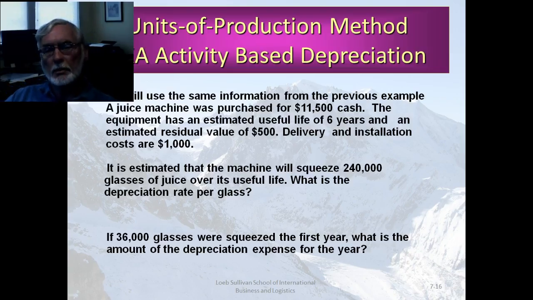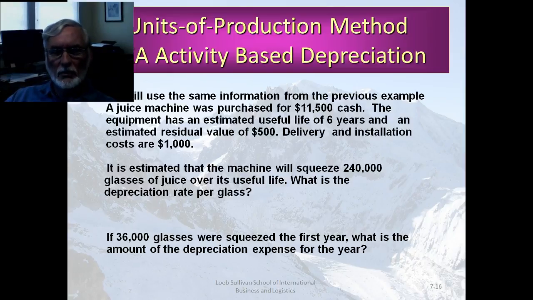Units of production method, same information as the last one, except now we're adding one more thing. We know that over its useful life, the machine can squeeze 240,000 glasses of juice. It still has a $500 residual value at the end of its life. What's the depreciation rate per glass?